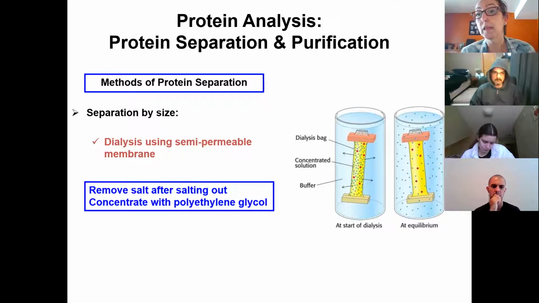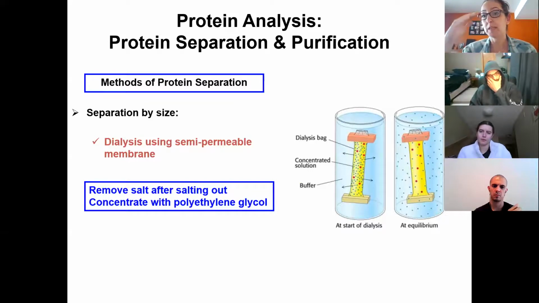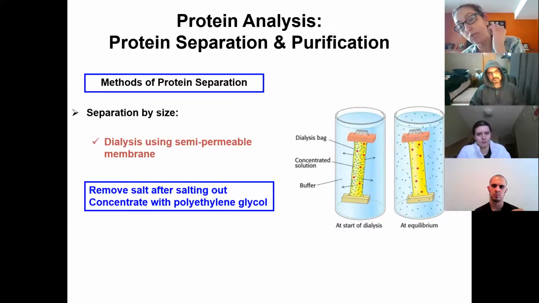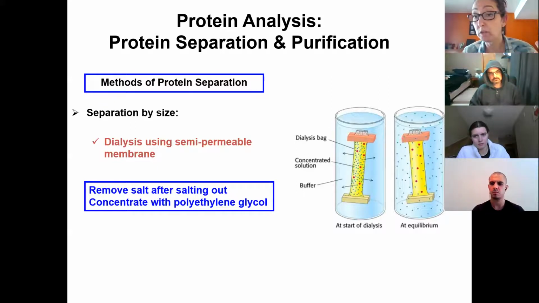One simple thing that we do often is not necessarily to separate proteins from each other, but, if we use salt to isolate or precipitate the protein, or use acid and base, putting the protein at alkaline pH, then dropping the pH to acidic, then neutralizing, we are producing salt, NaCl, from NaOH and HCl. So at the end of the day, you want to remove salts.